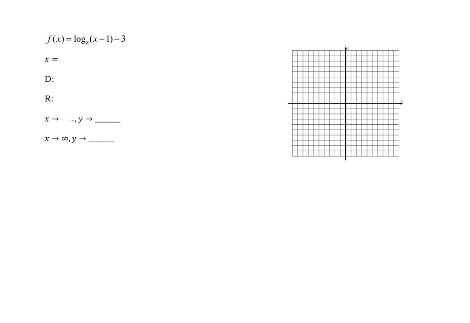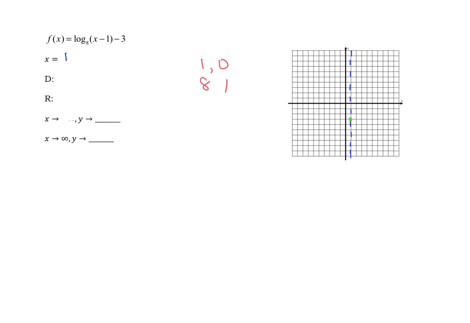Okay, this one, I have a vertical asymptote at 1 because I shift to the right 1. And I go down 3. So on that asymptote, I'm going to count down 3. And there's my new origin. So I'm going to use the point 1, 0. And then the base is 8, 1.